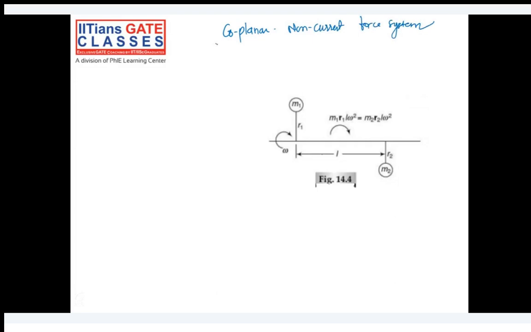Whenever the force system is coplanar non-concurrent force system, apart from summation of all the forces, you have to use one more relationship. Summation of all moments has to be equal to 0 for the equilibrium. Okay, so this you can implement in case of non-concurrent force system, and here the term dynamic balancing comes into the picture.